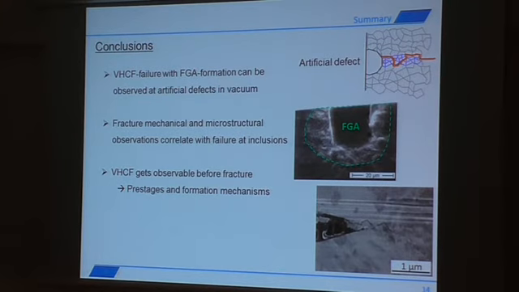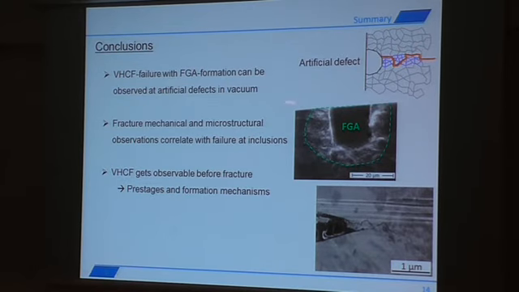So let me briefly summarize my talk. We can reproduce the very high cycle fatigue with FGA formation at artificial defects if the tests are performed in ultra high vacuum.